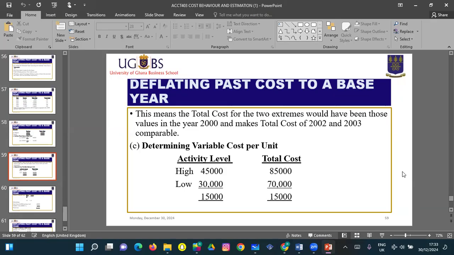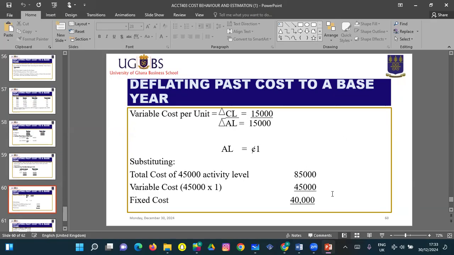This is the same thing. So when we divide, we get 1 as the variable cost per unit. So variable cost is this, then total cost is this, then we get our fixed cost. So fixed cost is this.